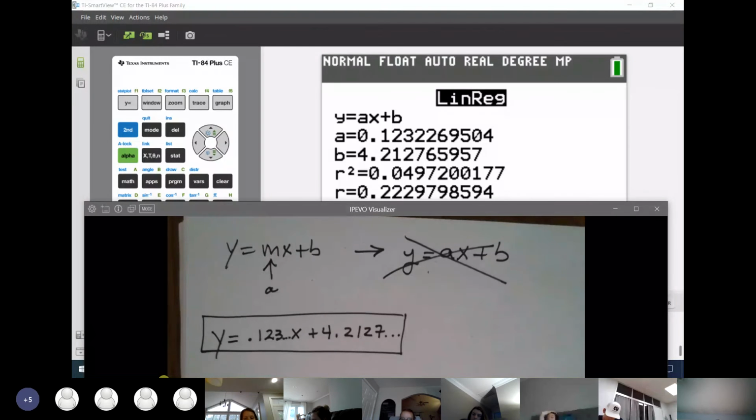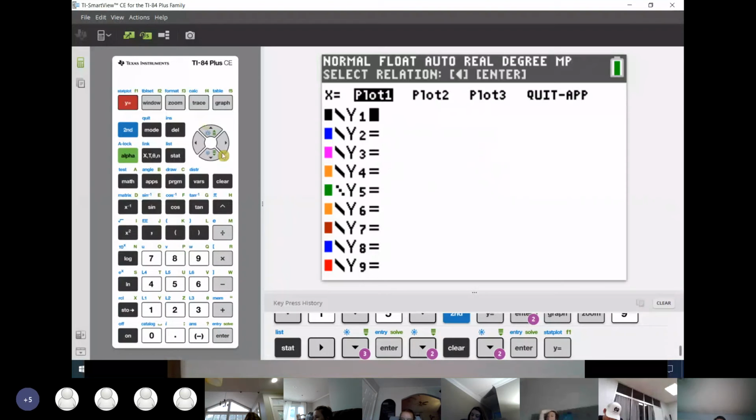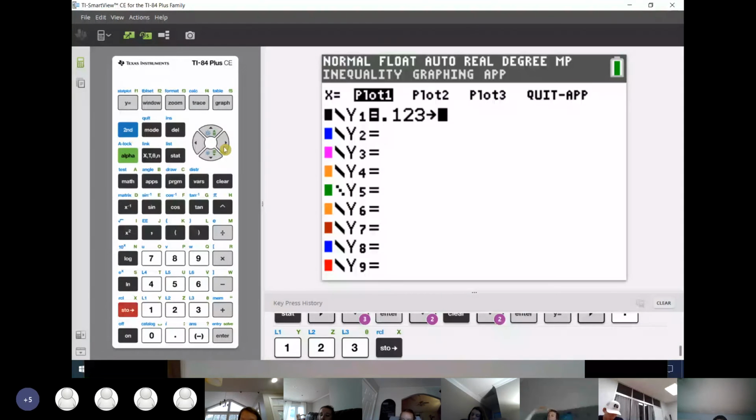Now we're going to type it in. Go to y equals and type in 0.123x. Sorry. Well, I guess I might as well just quit. 0.123.